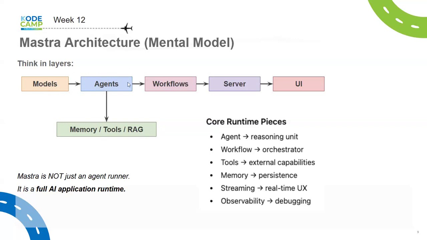And then you can use agents to build workflows, which are steps that can be followed to do complex tasks. Then you take all of this and you place them in a master server that then orchestrates all of those and provides an API.